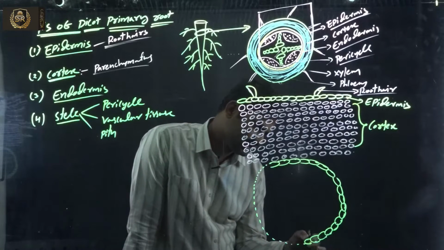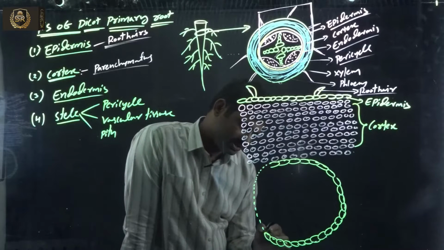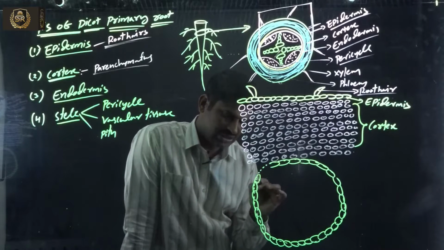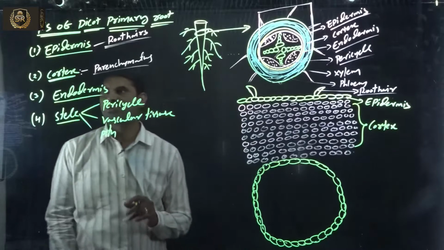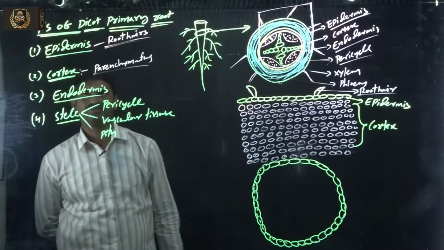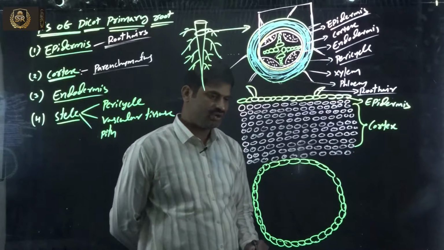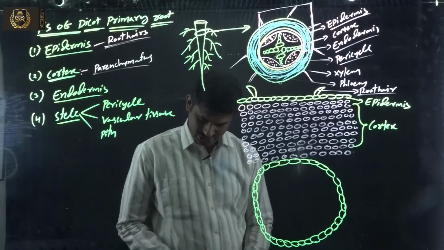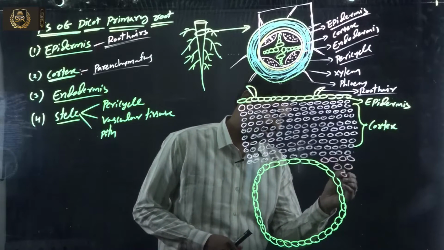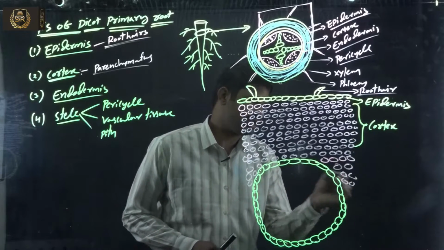The endodermis is located below the cortex and above the pericycle. Below the cortex and above the pericycle, that part is called endodermis.